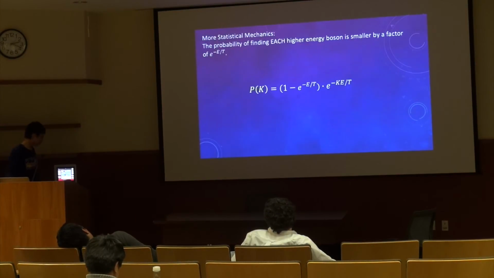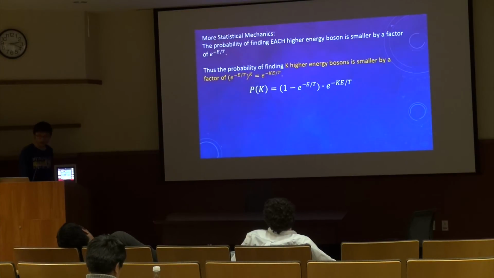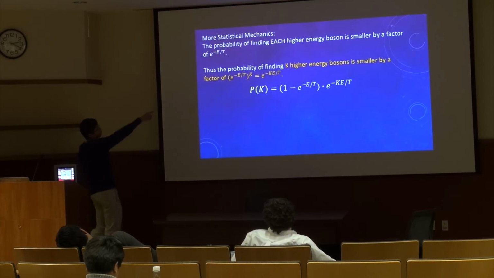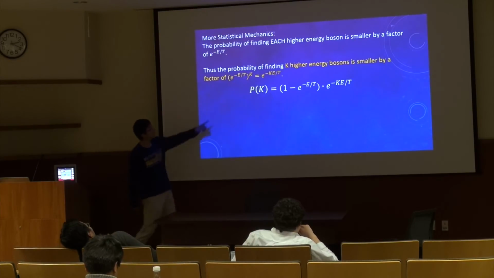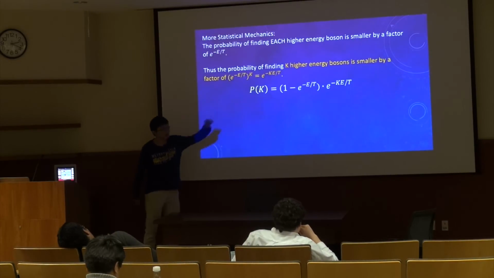So yes, for each higher energy boson, the probability gets smaller by a factor of e to the minus E over T. So the probability of finding k higher energy bosons is smaller by that factor to the power k, so you have e to the negative kE over T. So you find that the actual probability of finding k higher energy bosons is this.